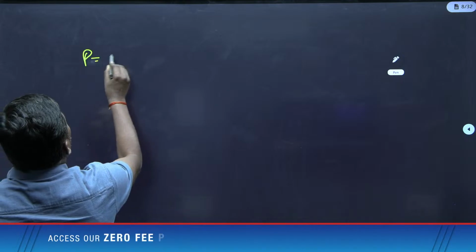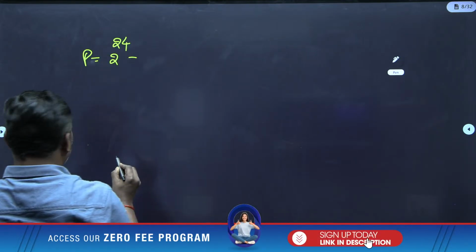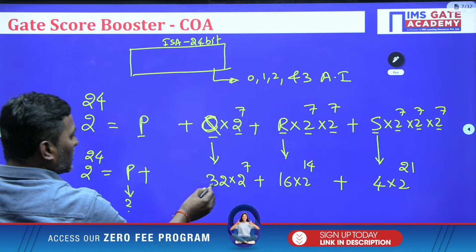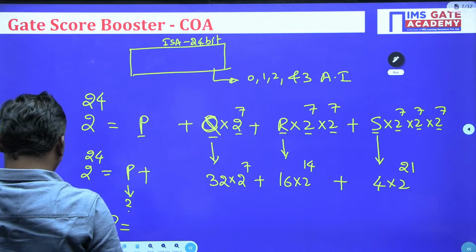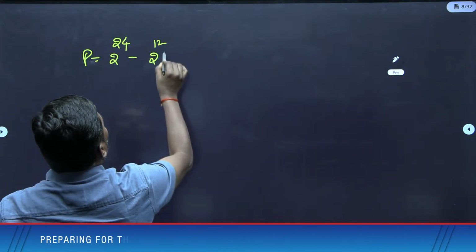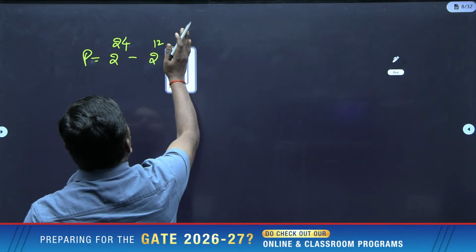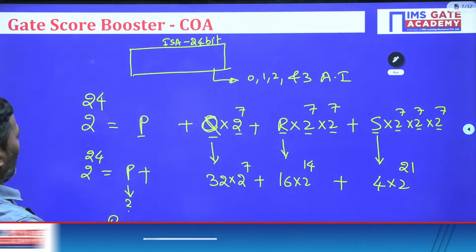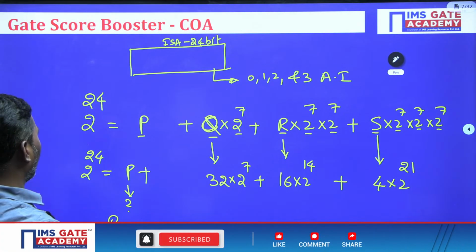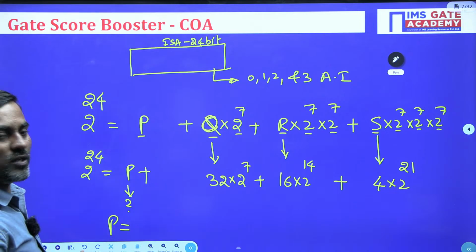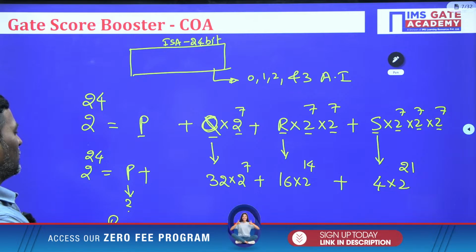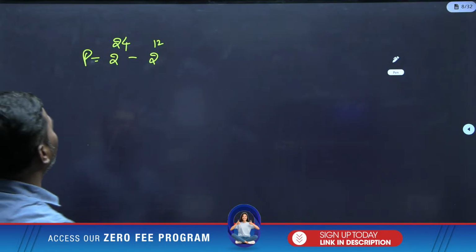So you are writing P equal to 2 power of 24 minus this 2 power of 5 we can write, right? 2 power of 5 means this becomes 2 power of 12, 2 power of 12 plus. Okay, just a minute. Anybody got the answer?